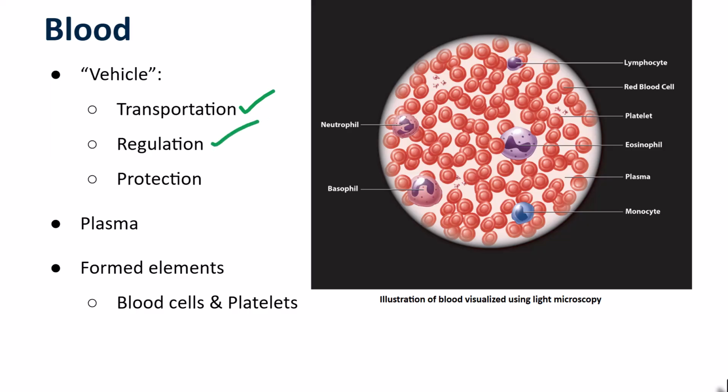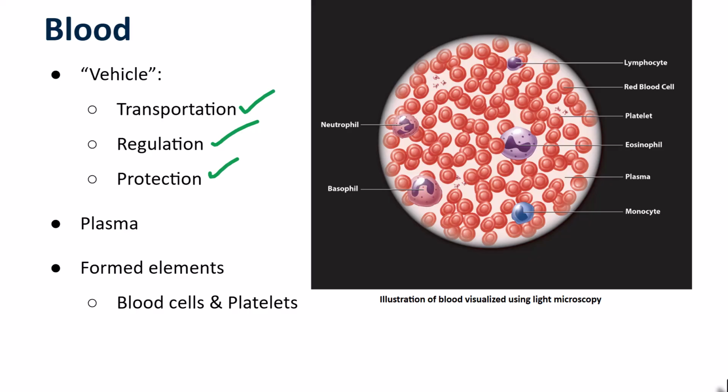There's also regulation, so being able to maintain certain characteristics of itself, such as a very narrow pH, 7.35 to 7.45, which is physiologically neutral, is very important for the blood. And finally, protection. Blood has a means of protecting the cardiovascular system, so forming a clot whenever there is a discontinuity in the vasculature. It also is a part-time host to the immune system, which protects the organism as a whole.